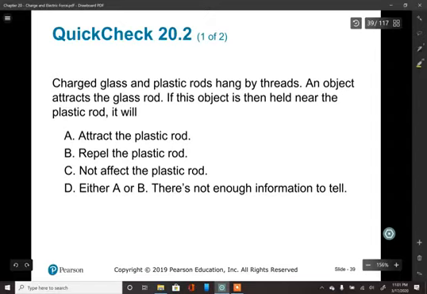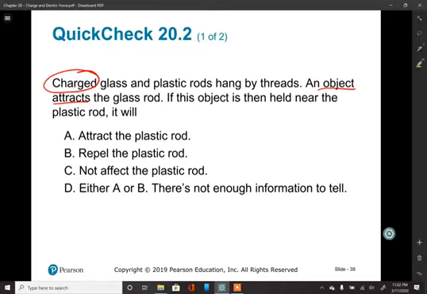All right, so you already saw the answer, but let's read the question. We have a charged object, so we're going to have an electric force. And we know there's another object that attracts. Your first instinct might be to say an object that attracts the glass rod must have the opposite charge of the glass rod. That is a possible explanation, but it's not the only one.